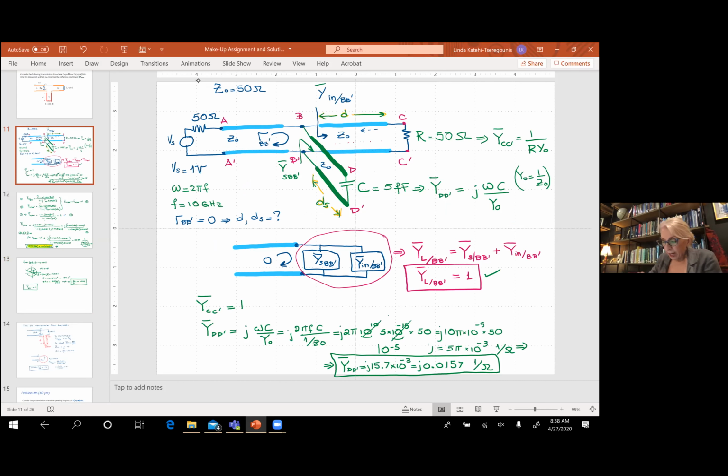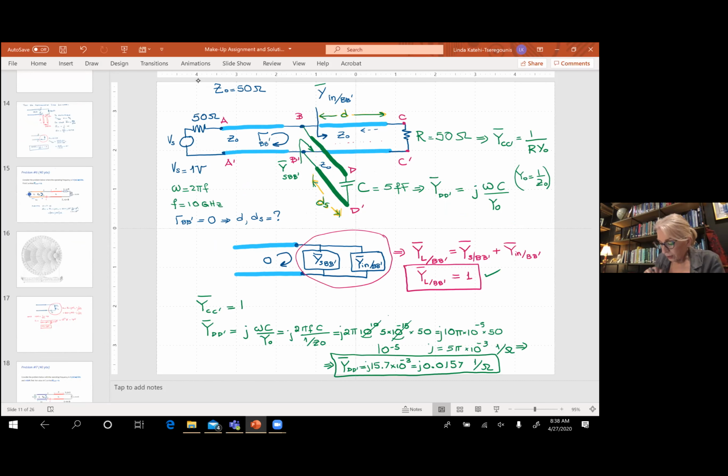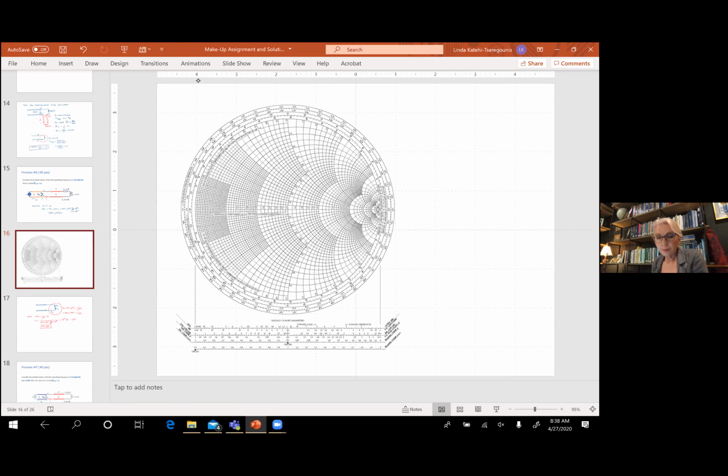Now, let's try to see how we would solve this on the Smith chart. On the Smith chart, we said we are going to work with admittances, all of them. And we're going to find y total at BB prime, and we want this normalized to be 1.